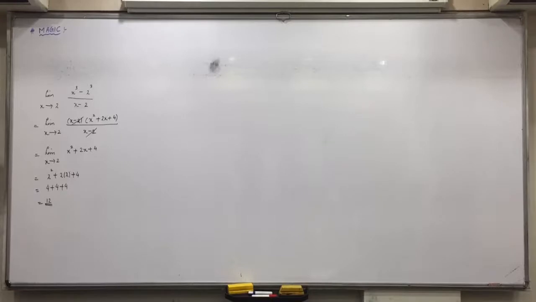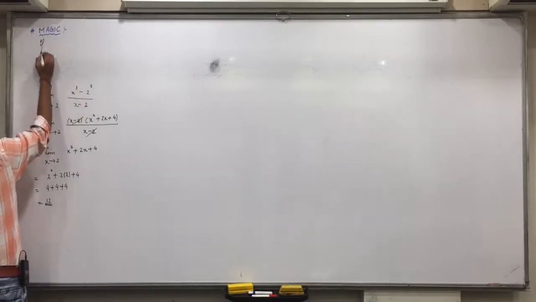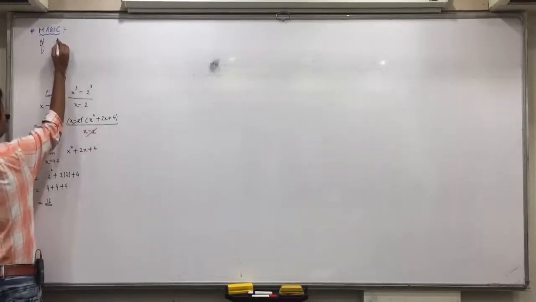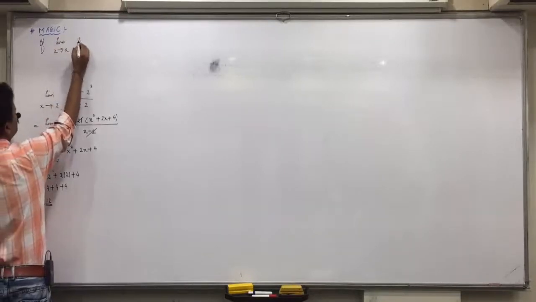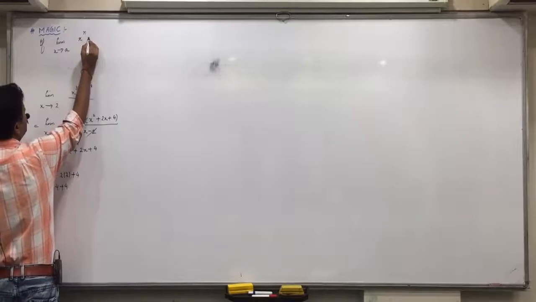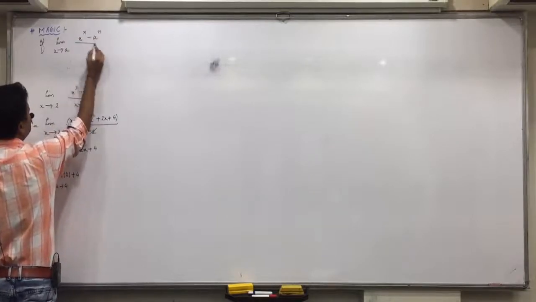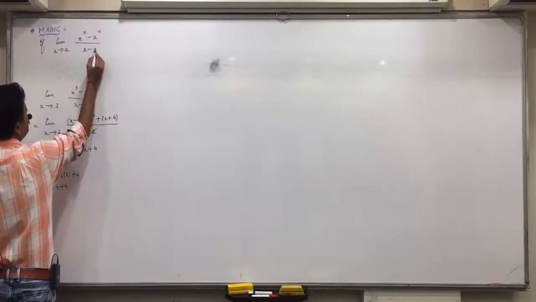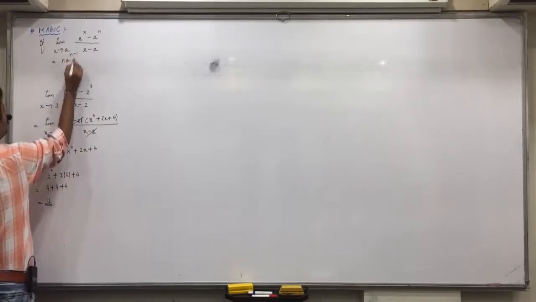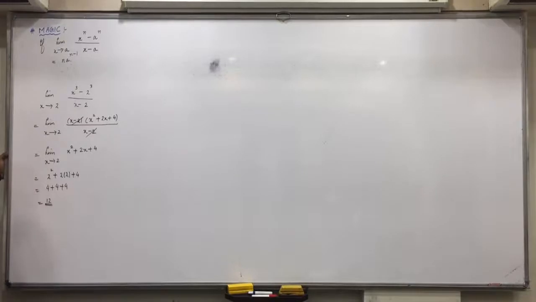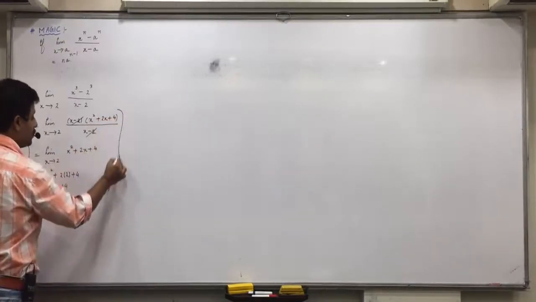Now, listen carefully, if limit x tends to a, x raised to n minus a raised to n upon x minus a is given, then it will directly be equal to n a raised to n minus 1.